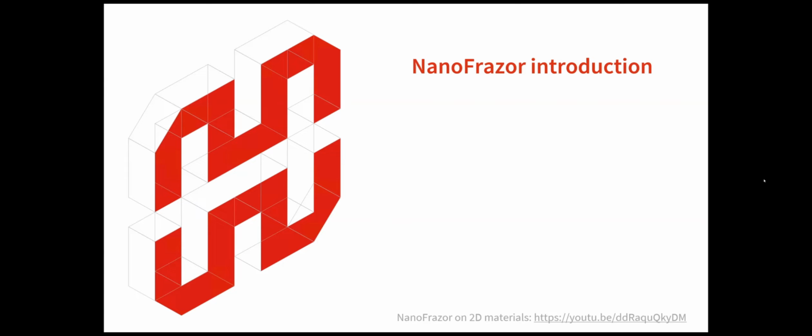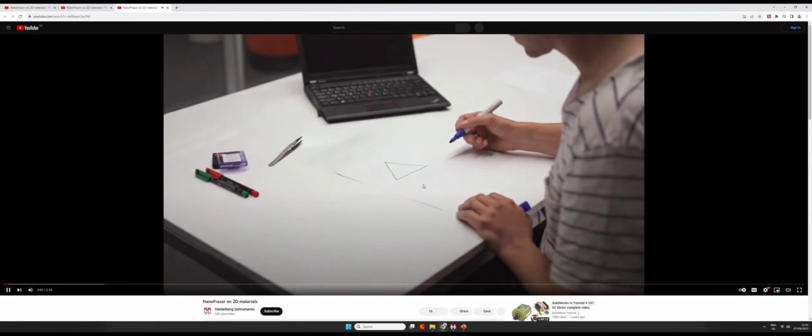Before starting to use the software, I would like to give you an introduction to the Nanofraser and the Nanofraser technology, which will be the focus of this video. So before starting, I wanted to show you briefly a video that we have published on our YouTube platform.